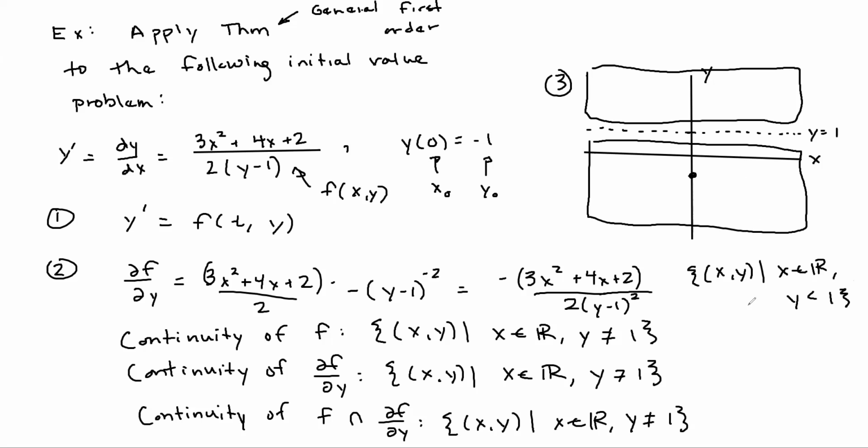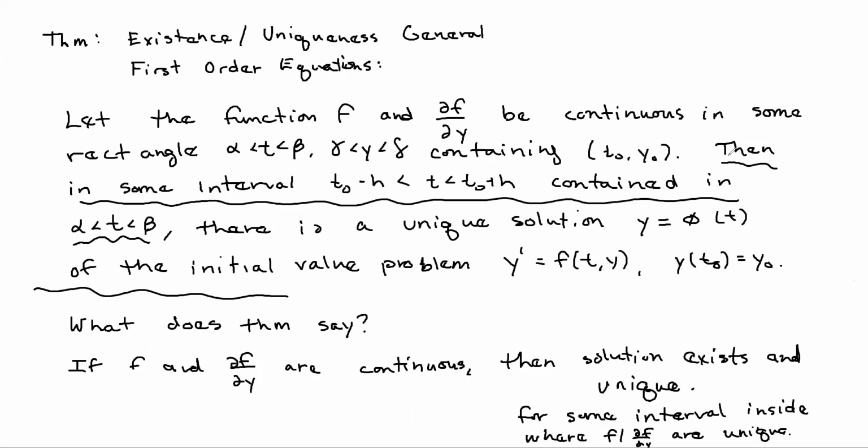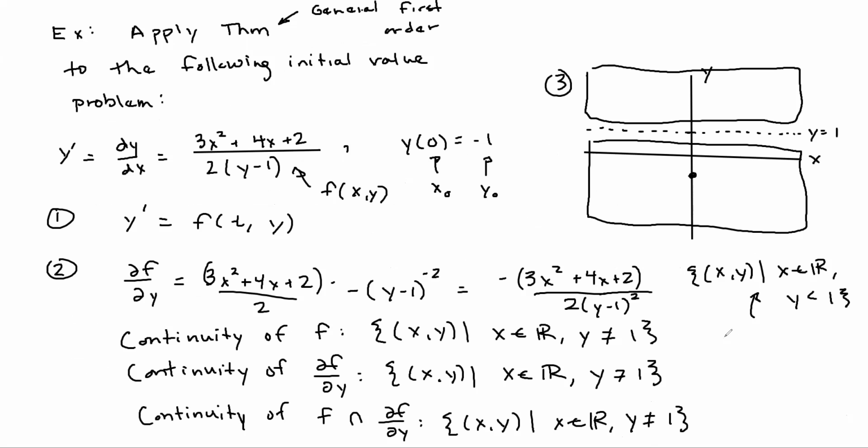Now, what are we guaranteed? We're guaranteed that some subinterval of this, that's the second question, this weird qualifying second condition here, is that some interval inside of that is guaranteed to have a solution. So somewhere inside of there, we are guaranteed to have a solution.